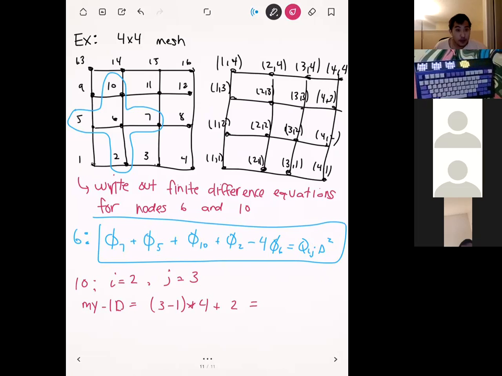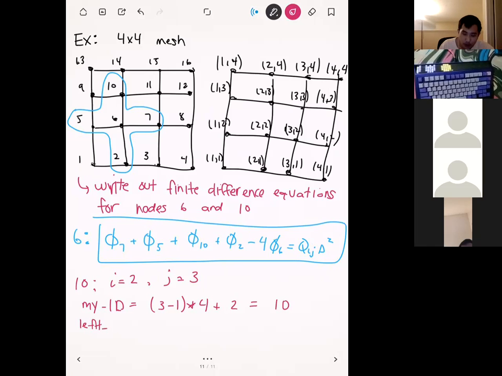Right, and so we just performed this arithmetic, so we're going to have 3 minus 1, which is 2, times 4, which is 8 plus 2, and that gives us 10. I know it's silly to write an equation for something that we already know, but remember, for the computer, we have to do this explicitly because it's not going to be able to look at the picture.